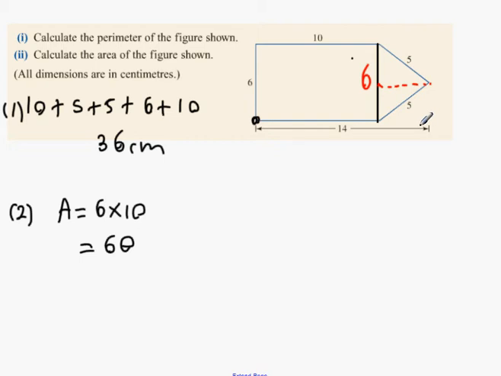The height is 14 and the rectangle is 10. So it's 10 from here to here. And what's the height then? The extra 4.